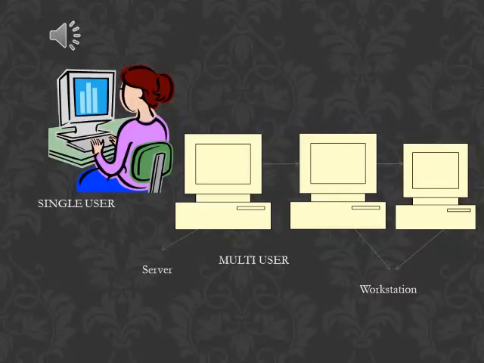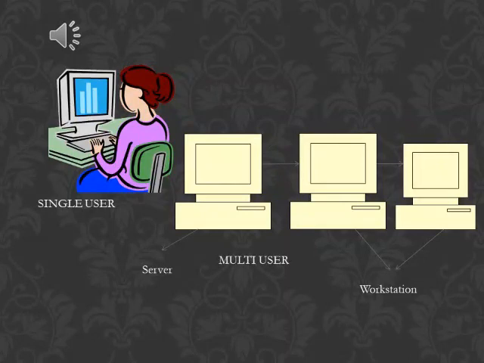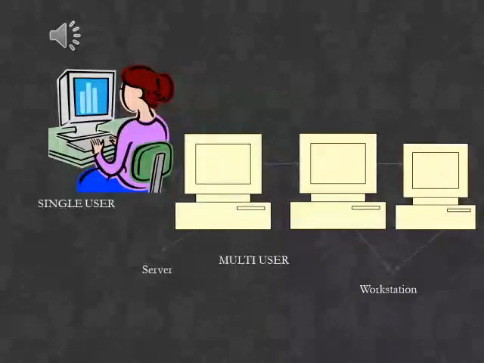In this networking system, one system is the main system, which is known as the server, and the others work as workstations. They depend upon the server. The server handles the other systems, the workstations. The operating system present on the server is capable of handling more than one user at a time or at different times.